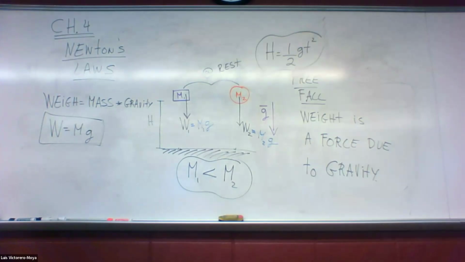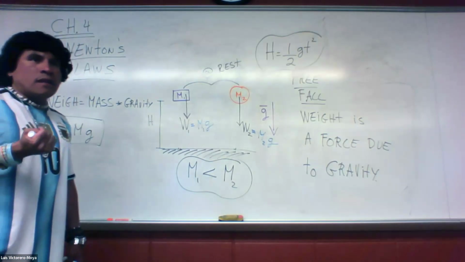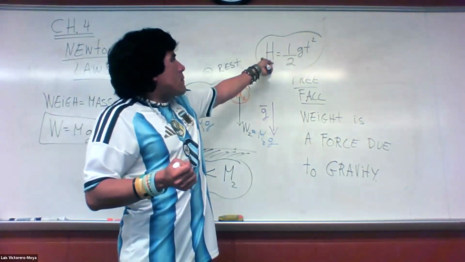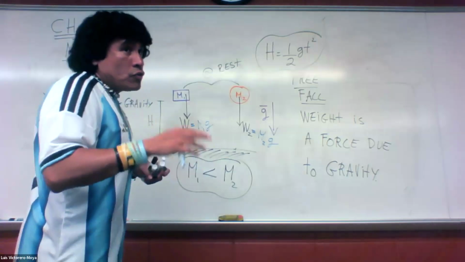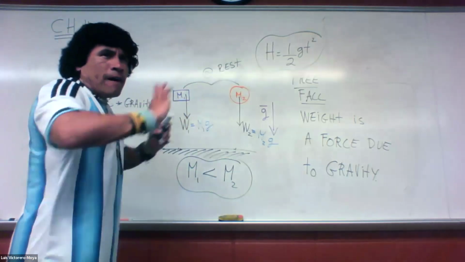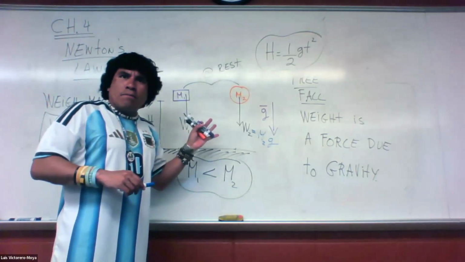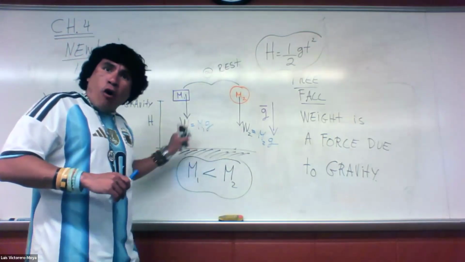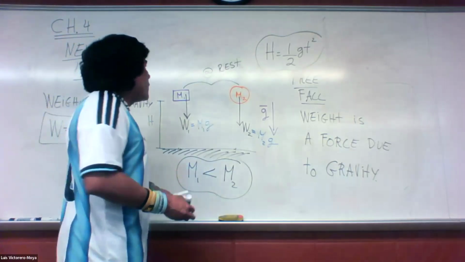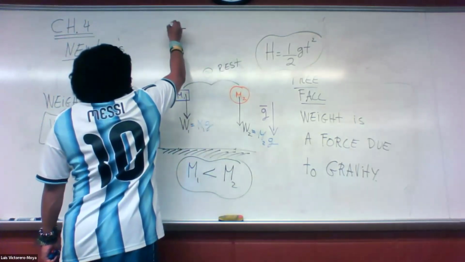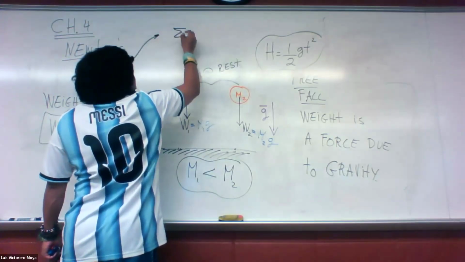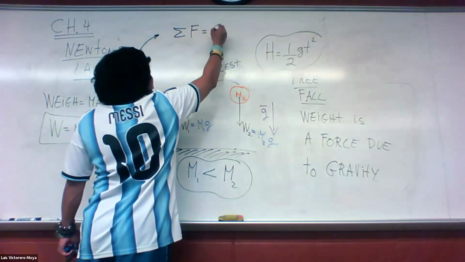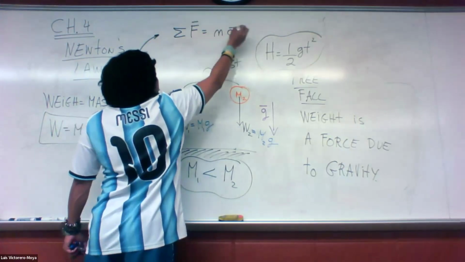So then the question remains, why are they falling at the same time? We have the equation of motion for height. Since gravity is the only acceleration for both masses, they will reach the same height at the same time. Now, if I want to use Newton's laws, and I'm going to go farther ahead, all right, for objects accelerating by a unique net force, some of you probably know this already, but the net force acting on a body is equal to mass times acceleration.